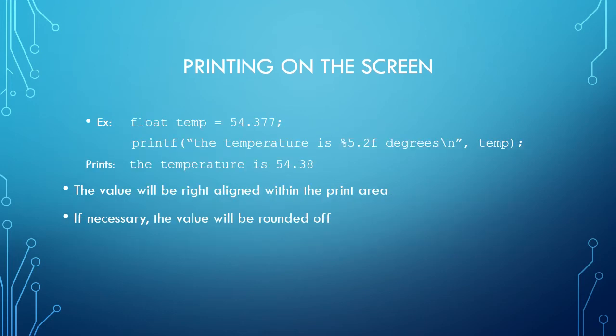So here's an example where we create a float variable called temp and initialize it to 54.377. And then we have a printf statement. And so we use %5.2f. So that means a total of 5 characters will be used to print. 2 of them will come after the decimal place. 1 will be the decimal point itself.